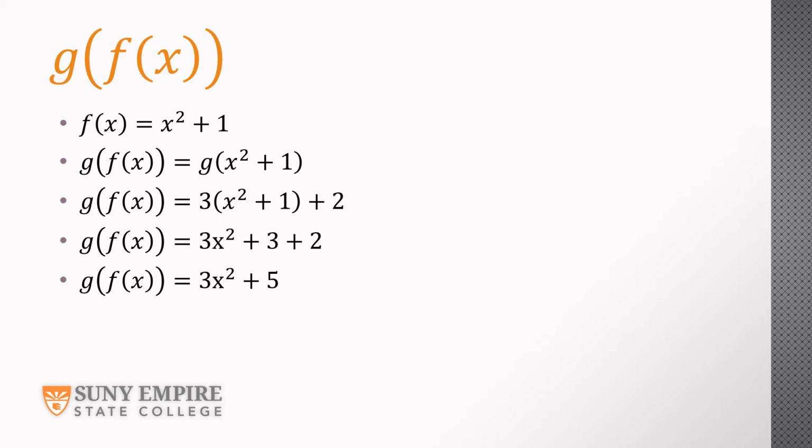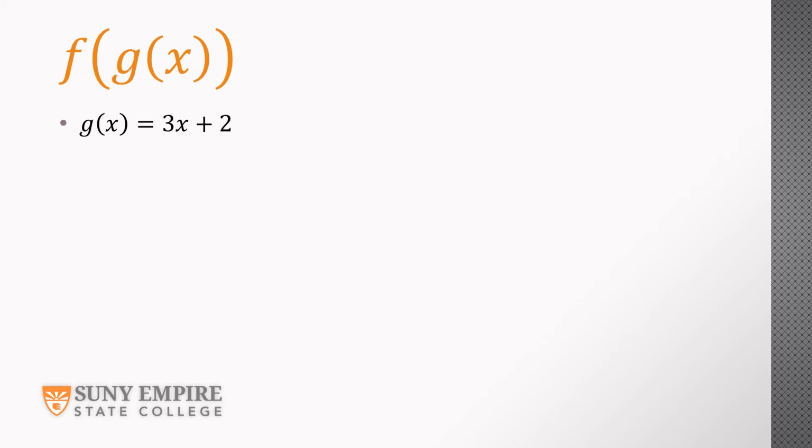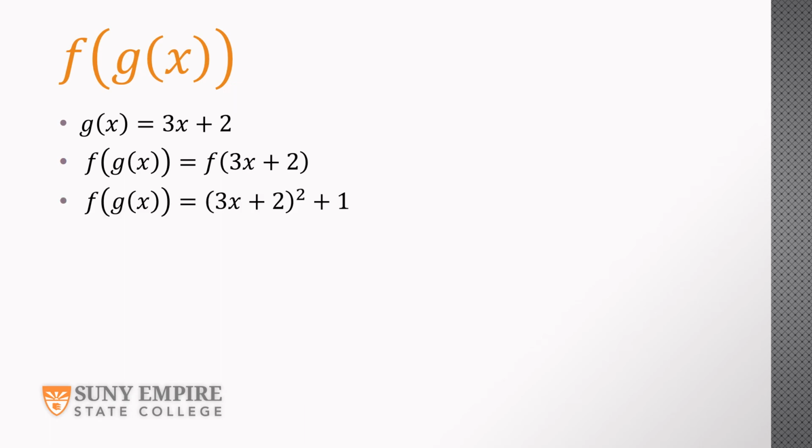What if we compose the functions in the opposite order? To start, we have g(x) equal to 3x + 2. This becomes the input for function f. We have the quantity 3x + 2, squared, plus 1.